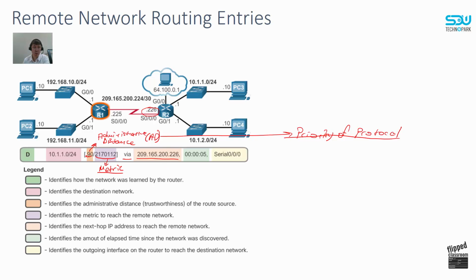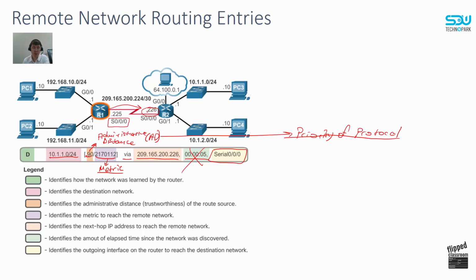So from router 1, we'll contact this IP address to be able to connect to this network. Afterwards we have the amount of elapsed time since the network was discovered. Currently you don't need this information because we haven't started to study EIGRP. And afterward, through which interface? This is our local interface, as you see here, Serial 0/0/0.